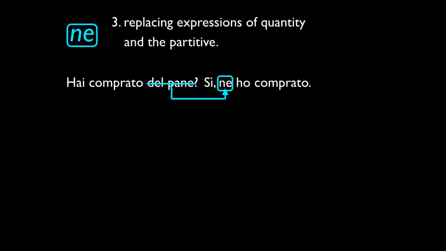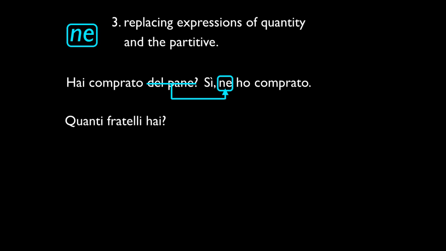Again, this is technically a partitive situation, but notice that ne is still replacing a di expression, the del pane. These are all different situations, but they are all sort of replacing these di, or in some cases da, expressions.